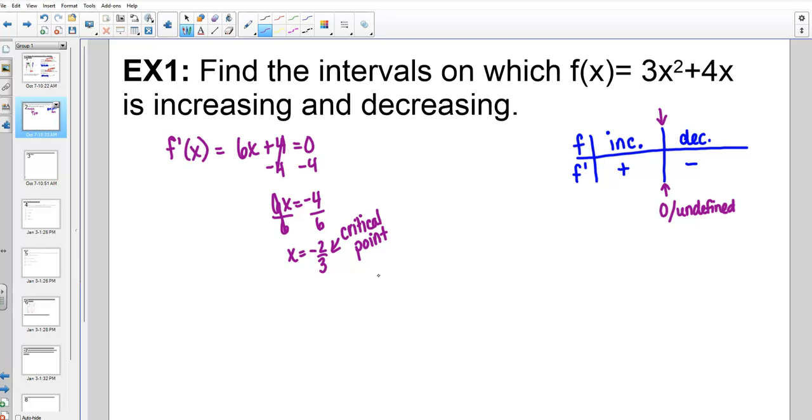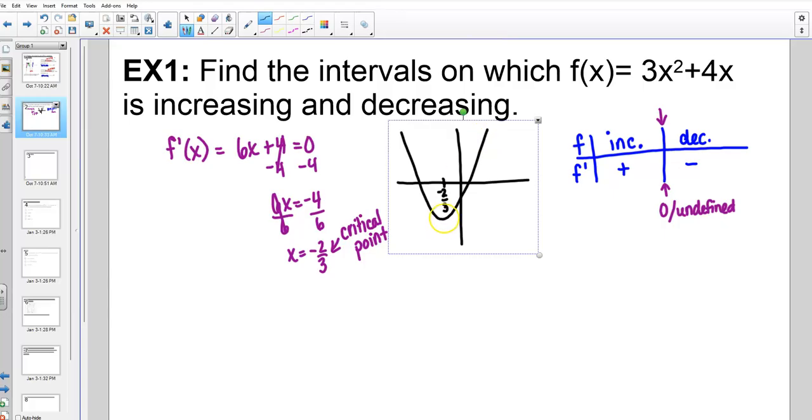Since this is a quadratic, you would do an inequality on the left side and on the right, so increasing and decreasing, right? And so basically for this, since we do kind of know what this graph looks like, we know that this is a quadratic that opens upward. Well, that means if this is negative 2/3, I don't really know the y coordinate all that well. It's not that important, but it's going to have to open upwards, so it's going to look something like this.